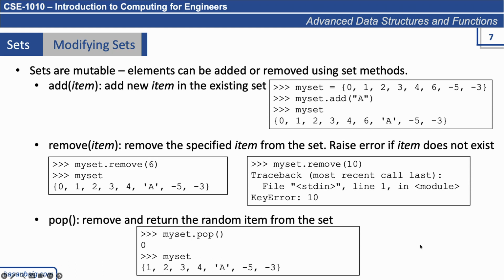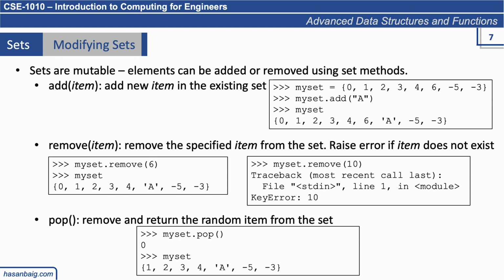So from an exam point of view, you might be given a data structure containing elements, and I may ask what would be the output of that data structure dot pop method. You need to identify whether the data structure is a set or a list by just looking at it. If it is a list, then all the elements are arranged in square brackets, right? If it is a set, it's curly braces.